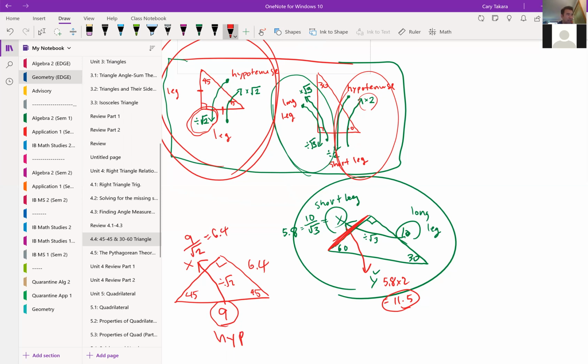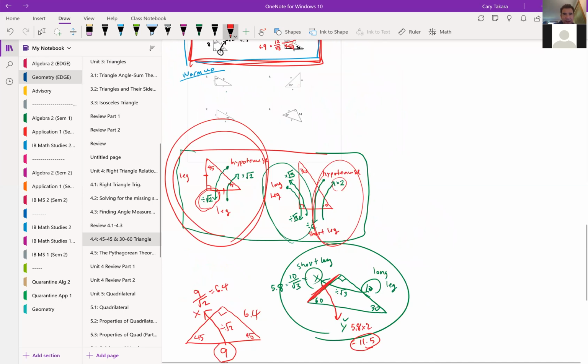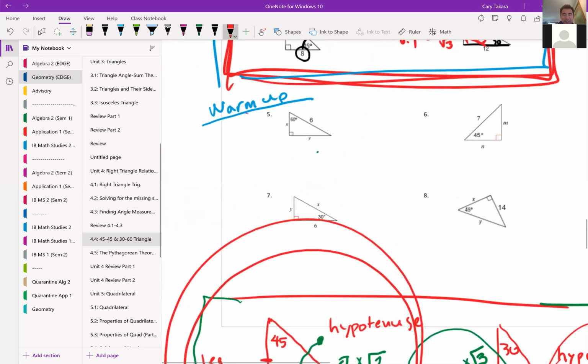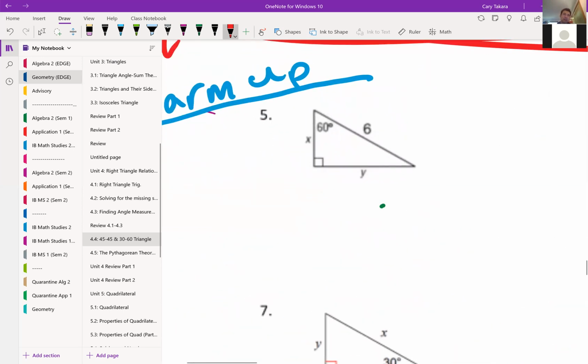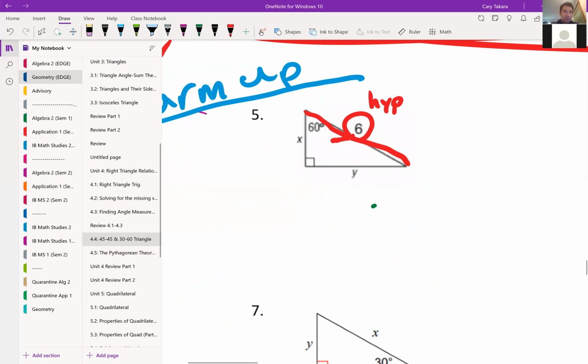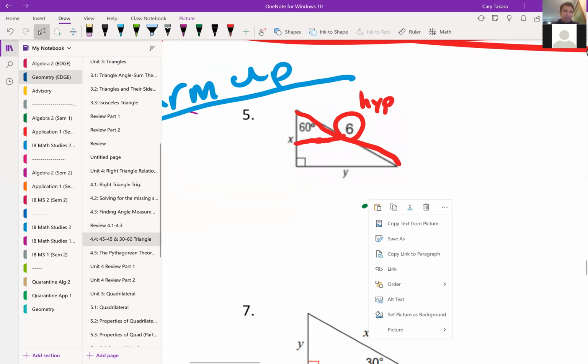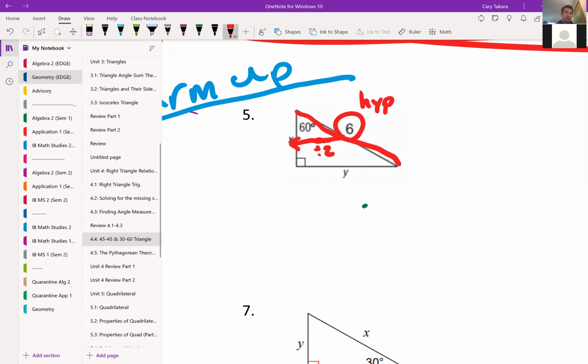Now there was a request on going over number 5 from this. So if you're looking at number 5, this 6 is a hypotenuse, isn't it? That means you can go back to the short leg, because the short leg is half, or divide by 2, of the hypotenuse.